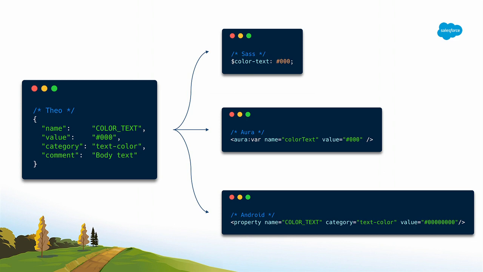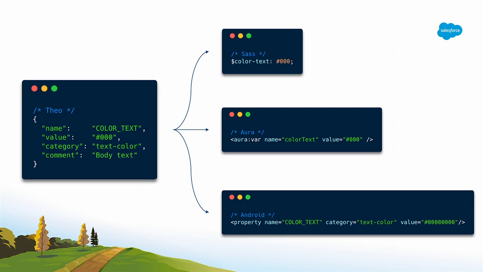So here we would have the required name and value of that token. And then we added some additional metadata, such as its category and comments, and that metadata can be used in any way that you see fit. We use it for display purposes on our website. So then Theo parses this JSON file, and it gives us multiple files that are generated that are platform specific, right?